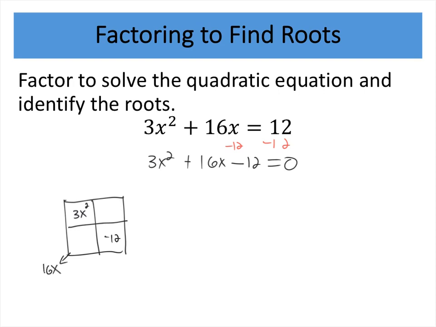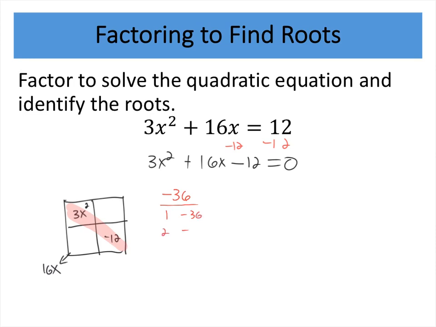So remember, our diagonals have to multiply to be the same thing, but these two in particular have to add up to 16. So I'm thinking about, okay, what needs to multiply to be those two values? 3 times negative 12 is negative 36. And we're going to think of all of the possible combinations. So 1 and negative 36, no.